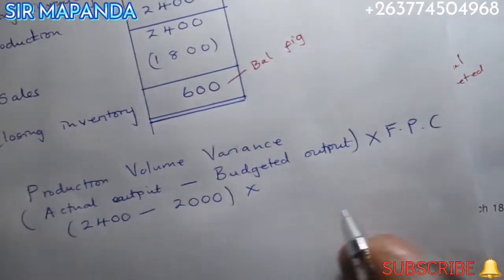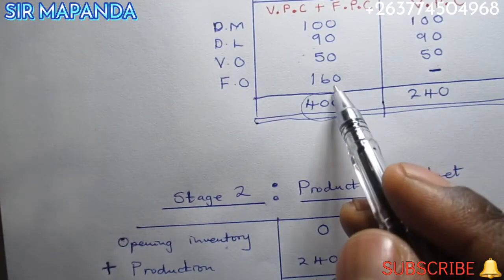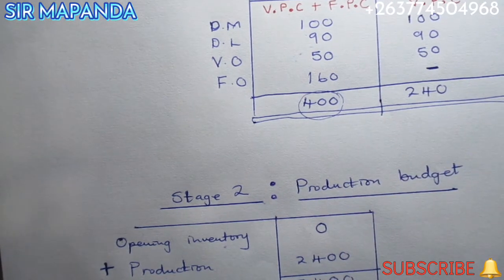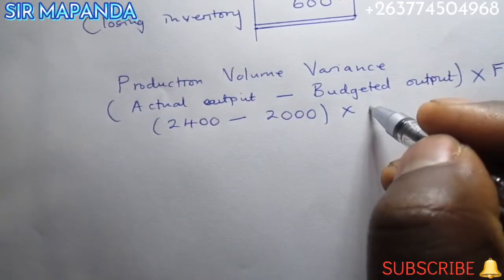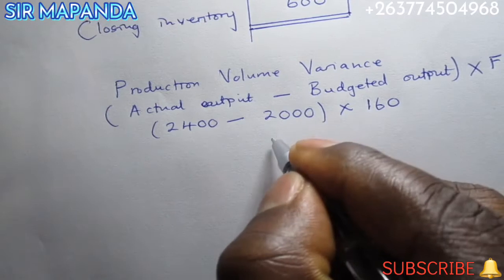Then you have to multiply it by the fixed production cost per unit, which is given in the unit cost statement as 160. So I'm going to multiply by 160. I hope you are following. So 2,400 minus 2,000 times 160, you get 64,000.